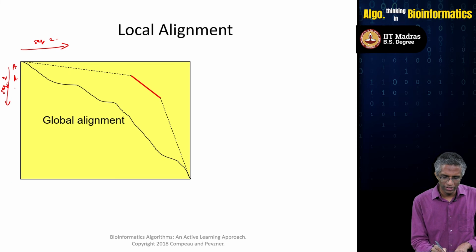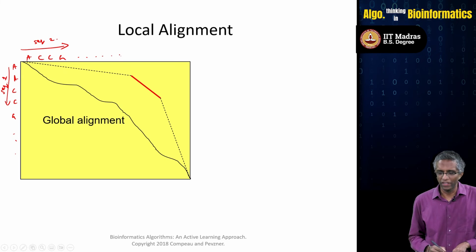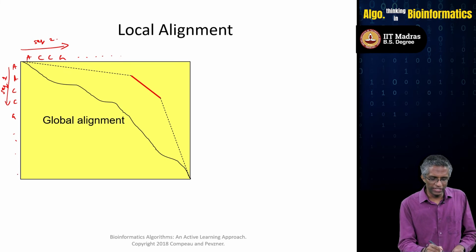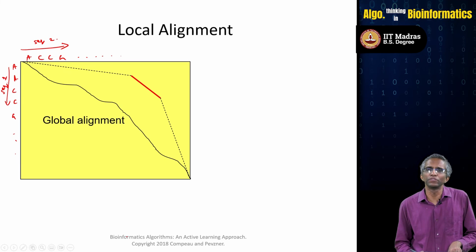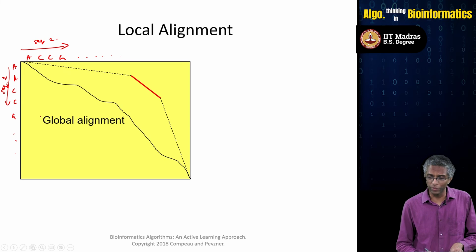This could be A, C, C, G, etc., and this could be A, C, C, G, and so on. You want to align the entirety of sequence 1 to the entirety of sequence 2. That is the global alignment problem.